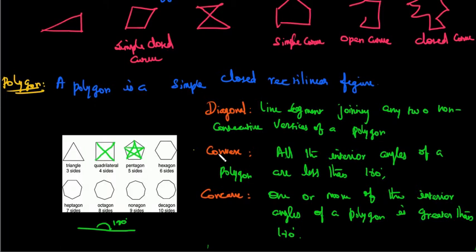That means a polygon can be called a convex polygon if all the interior angles of a polygon are less than 180 degrees. That means consecutive line segments should not form a straight line. So it should look like this.